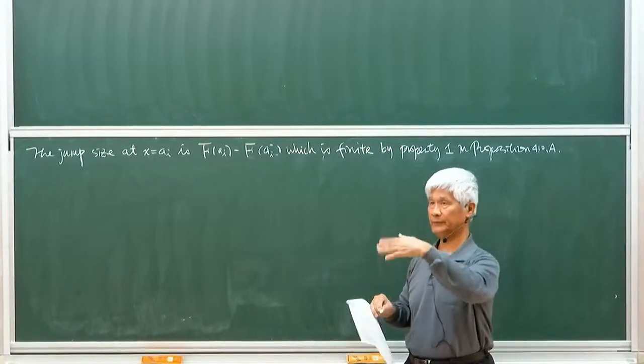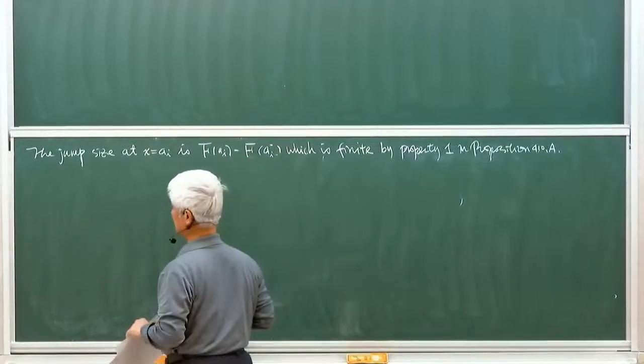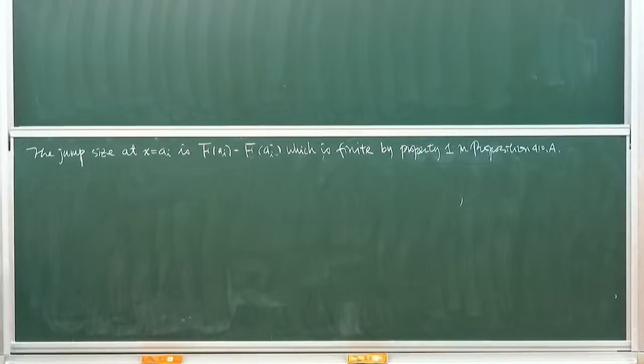So the difference, the jump size, must be finite. So it has a finite jump at each point.